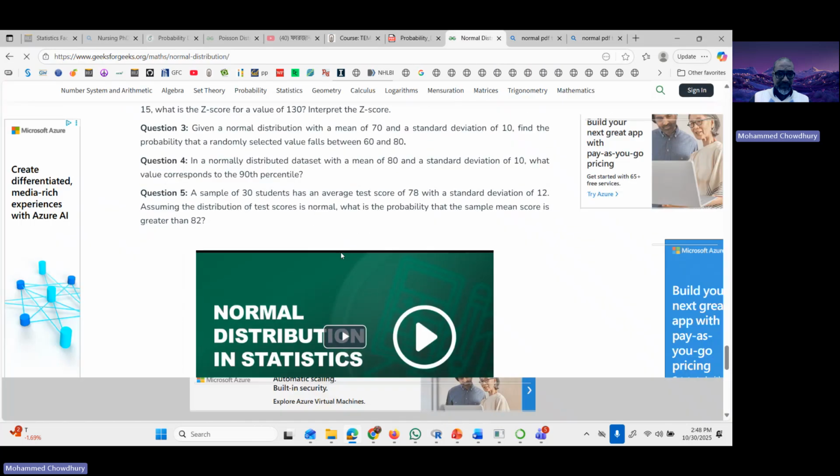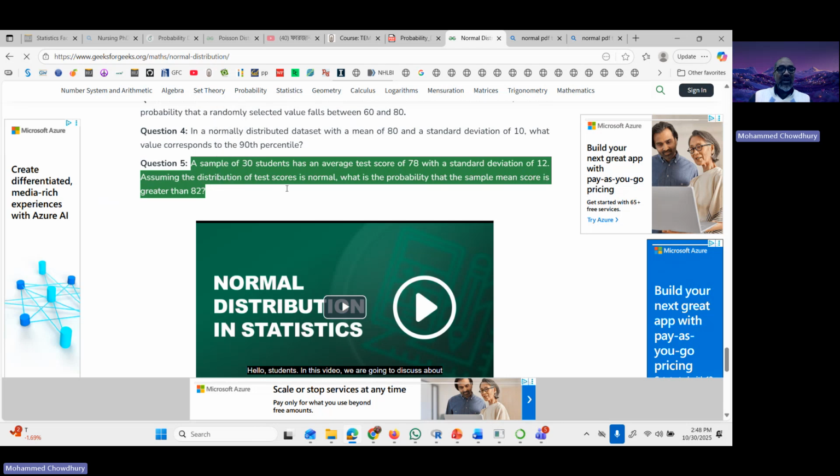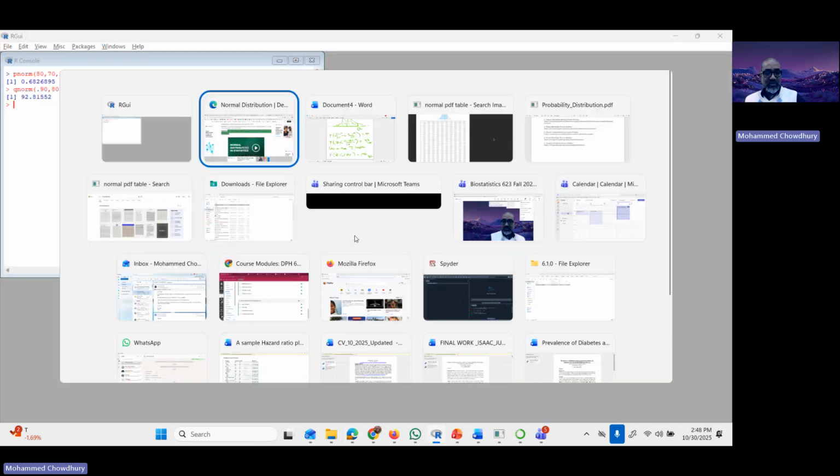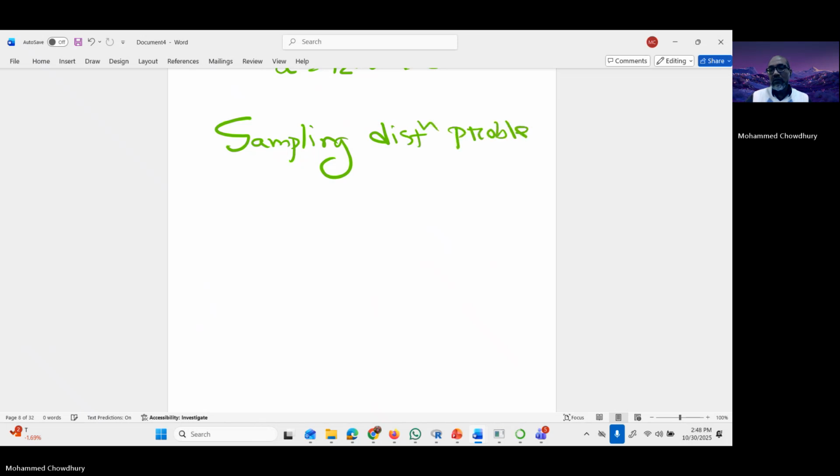Let us solve another problem. This is called the sampling distribution problem.